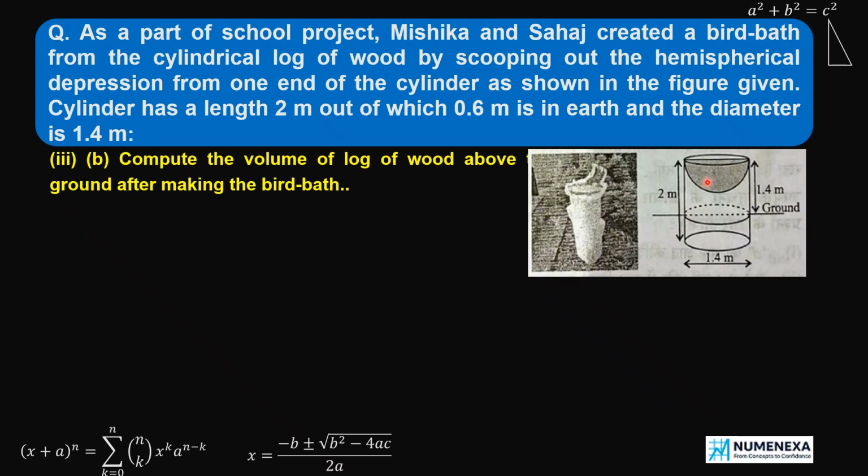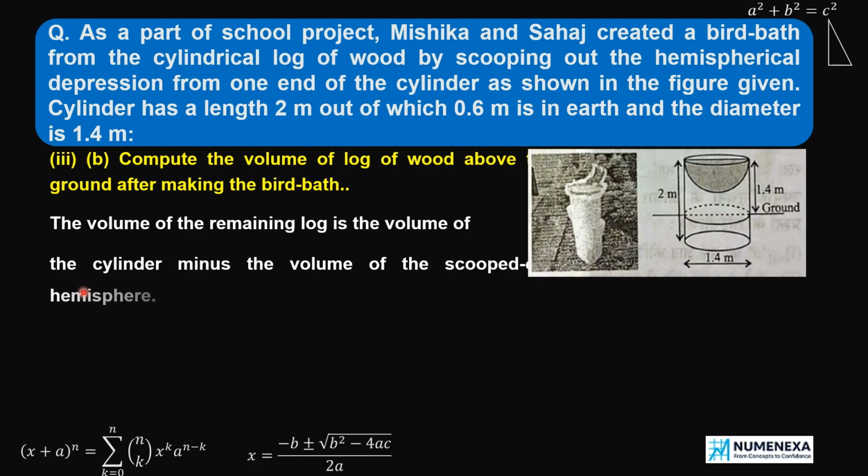However, to find the volume of the cylinder, we need to consider only the height which is above the ground, since we are required to find the volume of the log of wood above the ground. Therefore, the volume of the remaining log is the volume of the cylinder minus the volume of the scooped hemisphere.